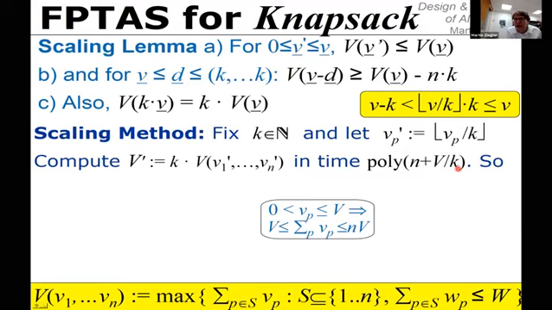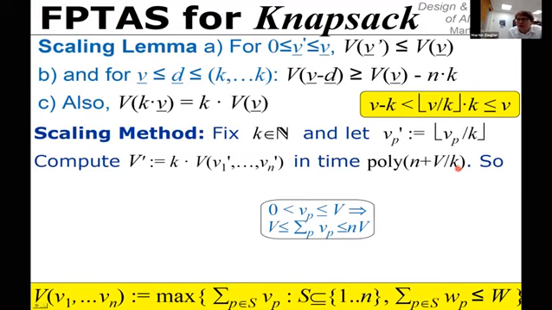Choosing k larger makes the algorithm faster, but intuitively also makes the solution differ more from the exact solution, because rounding to multiples of 100,000 yen, of course, has a heavy effect on the solution returned, particularly if your prices don't exceed 100,000 yen, then everything will get rounded down to 0, right? So here we have a trade-off, a parameter k. Increasing k makes the algorithm faster, but also less accurate.